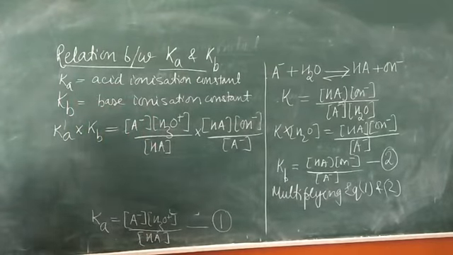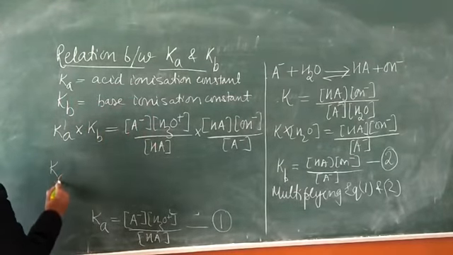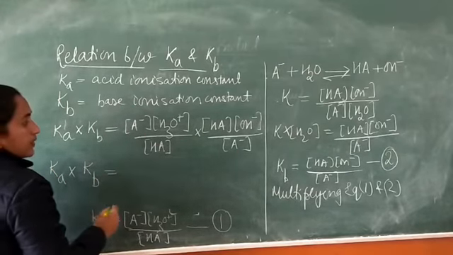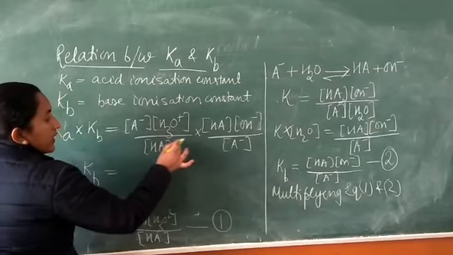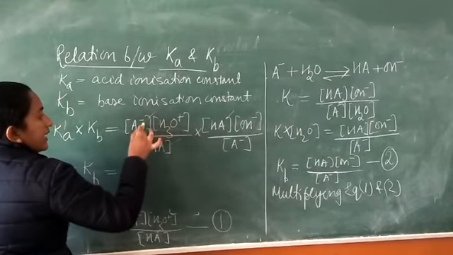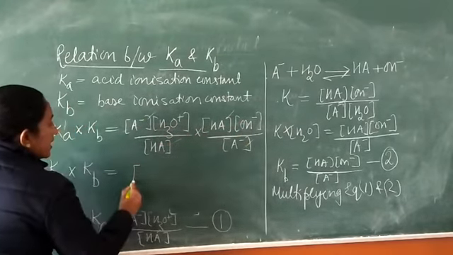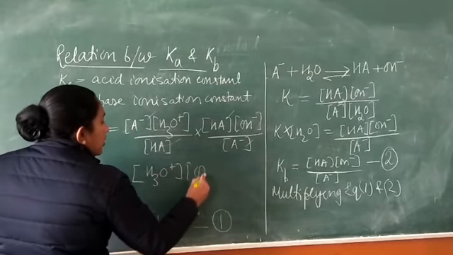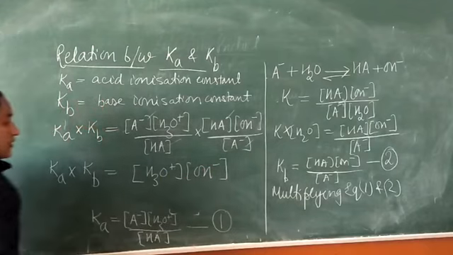Right? Get the thing cancelled. So we can write down the next equation here. So you can see this HA will get cancelled with HA, A negative with A negative, and we will have an H3O positive and OH negative.